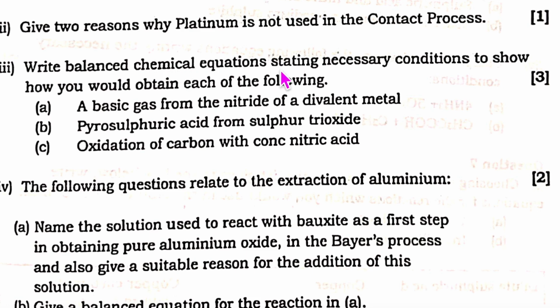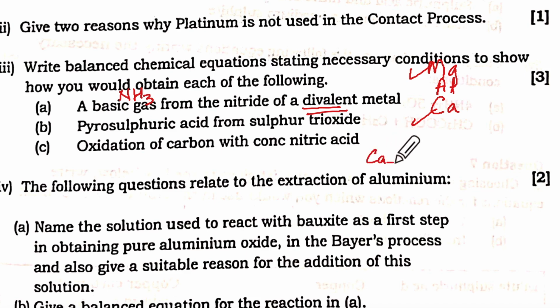Okay, balanced chemical equations, necessary condition. Basic gas from nitride of divalent metal. Basic gas means ammonia. Nitride, remember I told you to remember MAC, or CAM. So Mg, Al and Mg, Ca. Al and Ca. So divalent metal you can take either Mg or Ca.